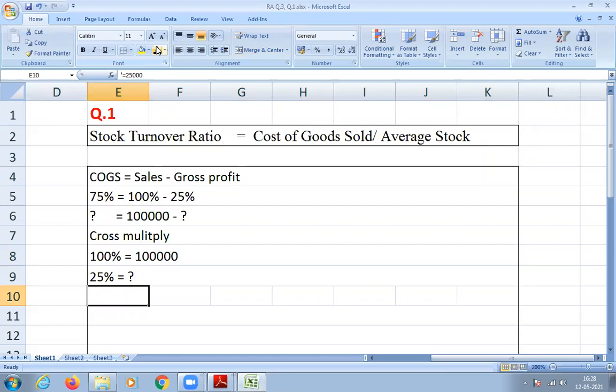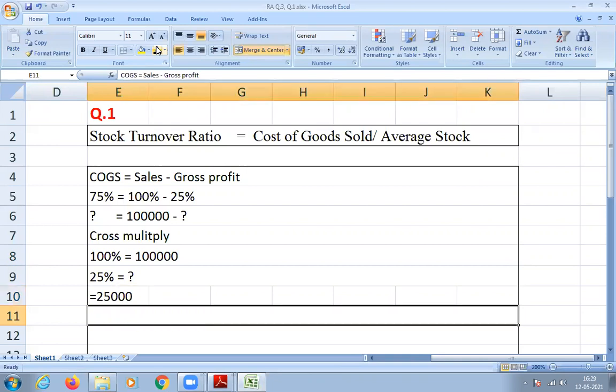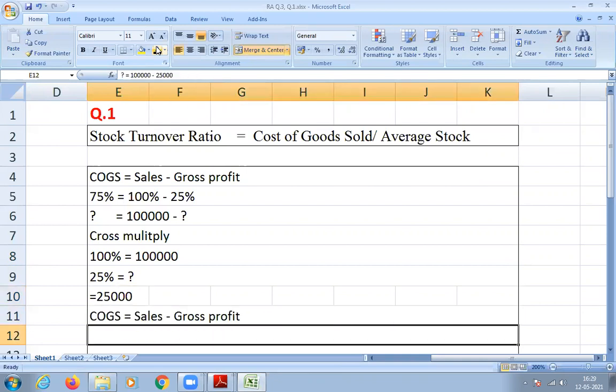How much will you get? 25,000. Clear? So now I know GP is 25,000 and 1 lakh is sales. So how much will be cost of goods sold now? 75,000. I have found out GP is 25,000, so minus that, how much will you get?